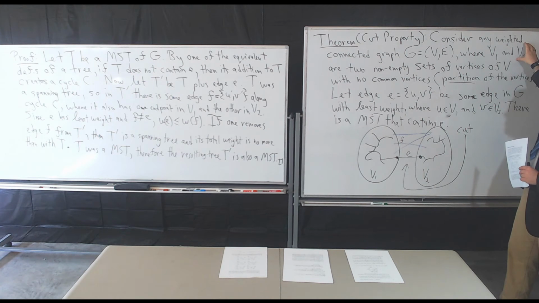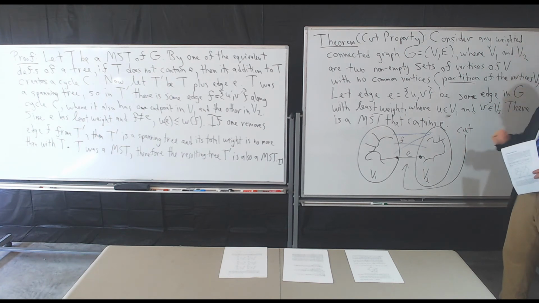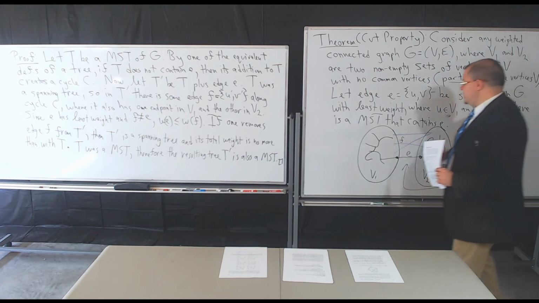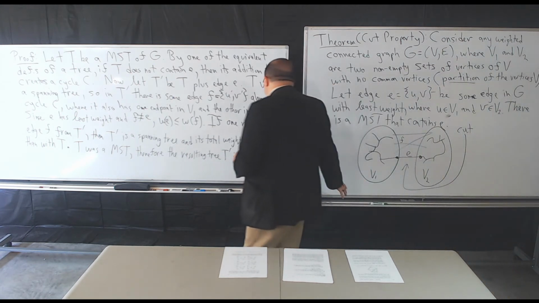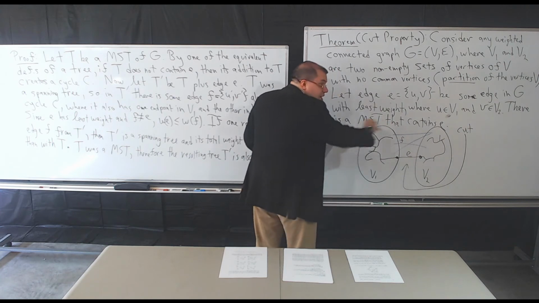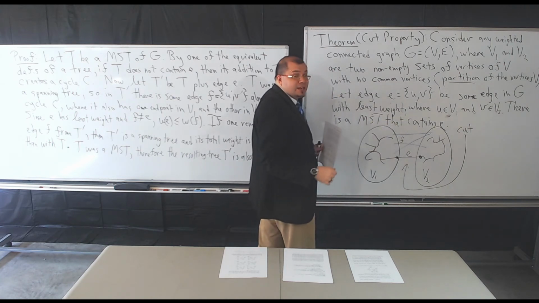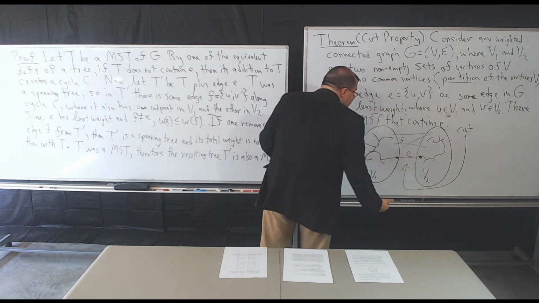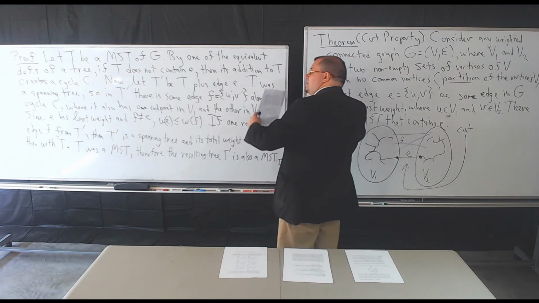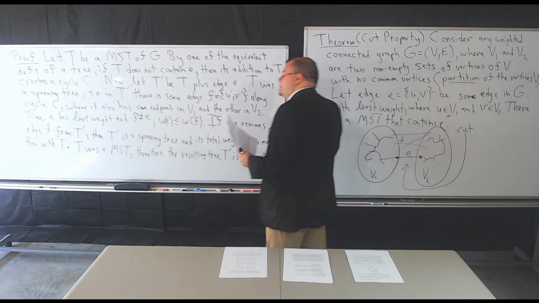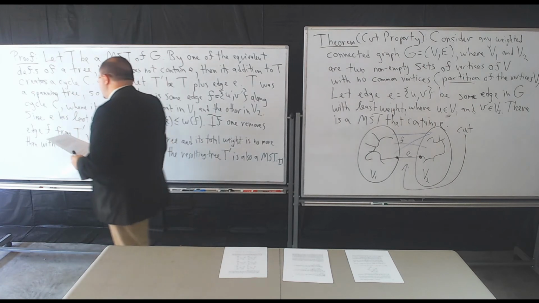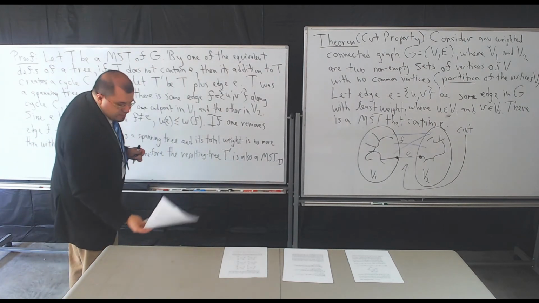If I keep doing this, I can ensure that I get an MST. So you're going to imagine that V1 and V2 might change in this process, or I might potentially consider parts of the graph as long as they are induced together as one piece. So you'll see what I mean by this in a moment.